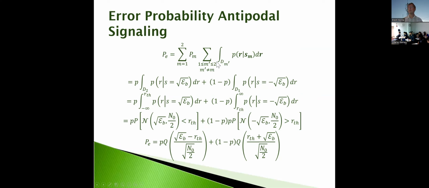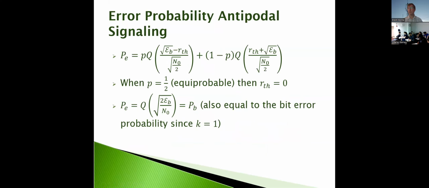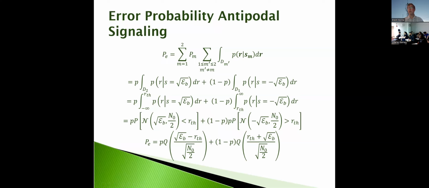And we're going to integrate this probability density function over these other decision areas. In a more general case, that decision area might be described by hyperplanes. In this case, it's one-dimensional, along the real line, right?